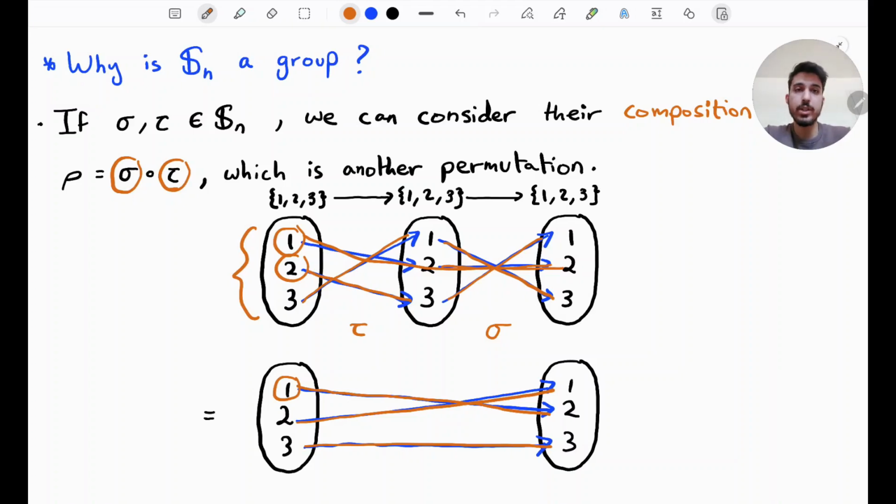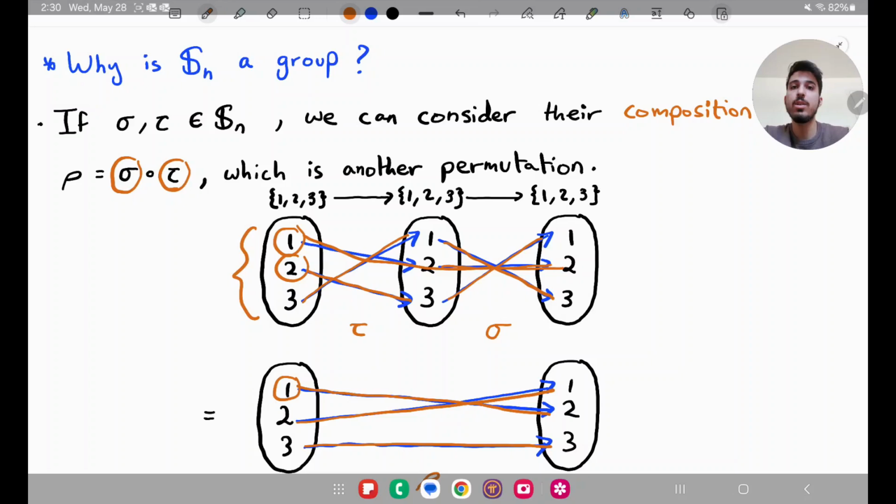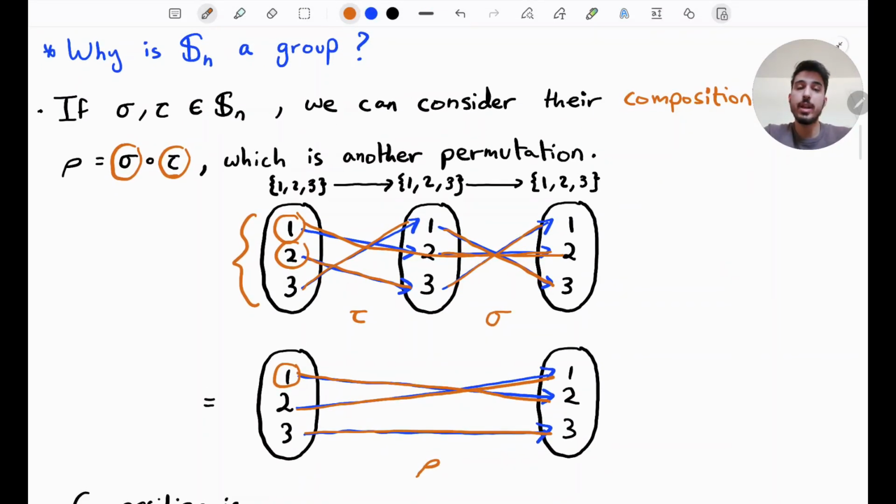So this operation gives us another permutation which we call rho. And rho is in fact a permutation which is an element of Sn. So we have just successfully proved, for this example of course, that the operation of composition makes the set Sn into a closed set with respect to this operation.